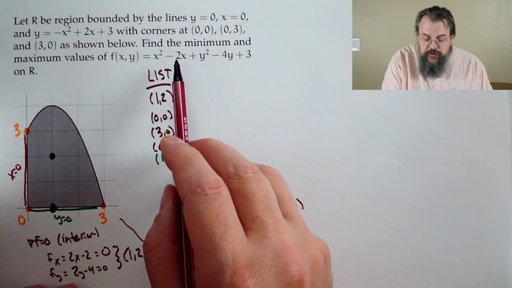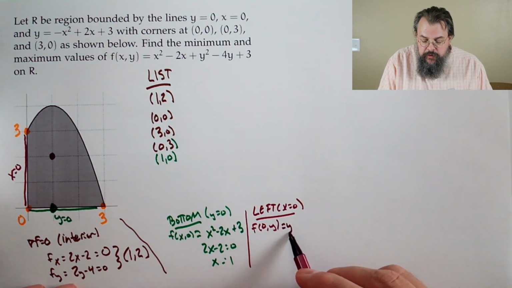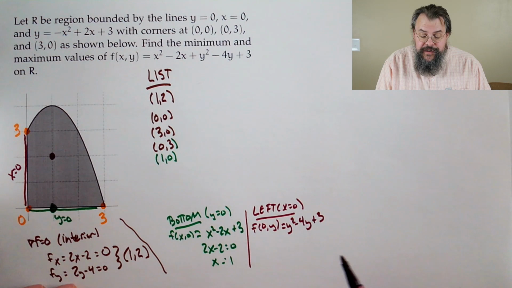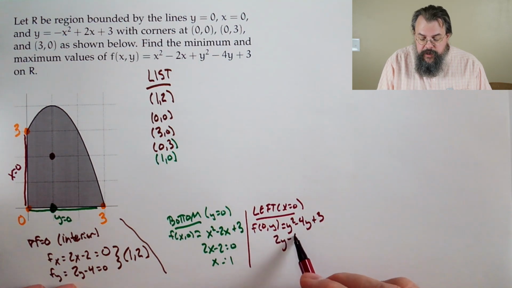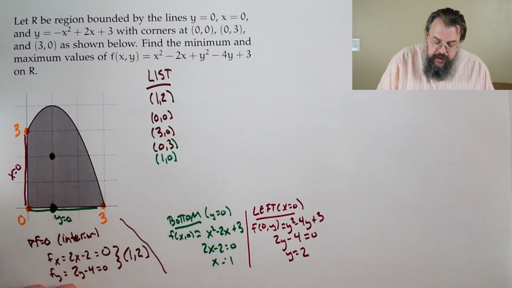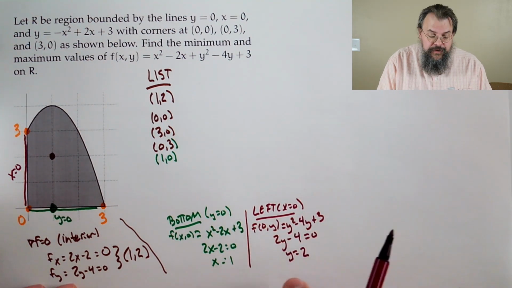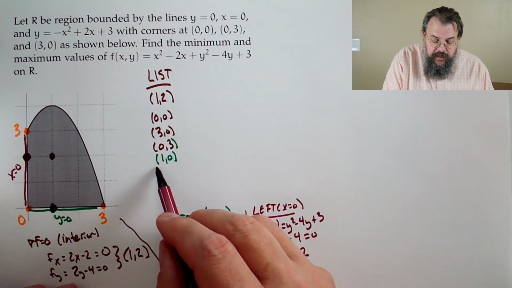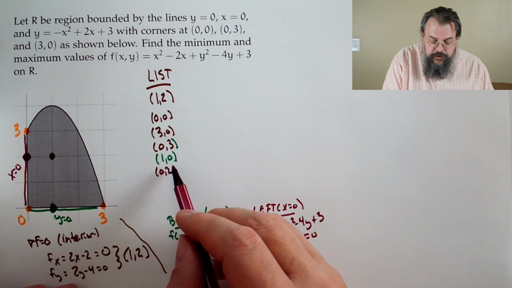The first terms drop out, and we get y squared minus 4y plus 3. Take the derivative, single variable function, 2y minus 4, set equal to 0, we get y equals 2. Which would mean at x equals 0, y equals 2. That's here. That's in our domain. So that makes our list 0, 2.